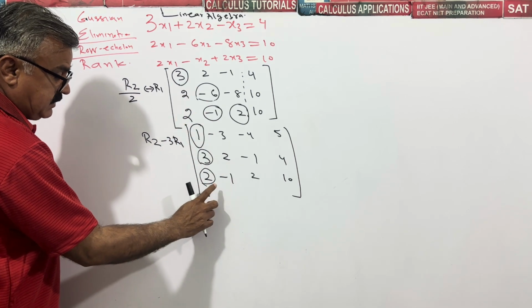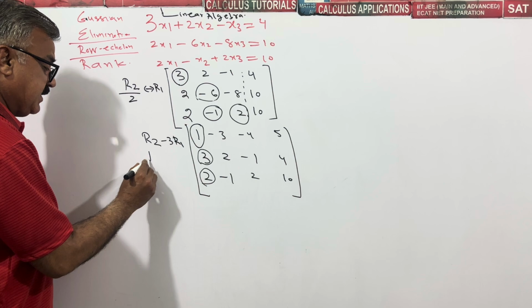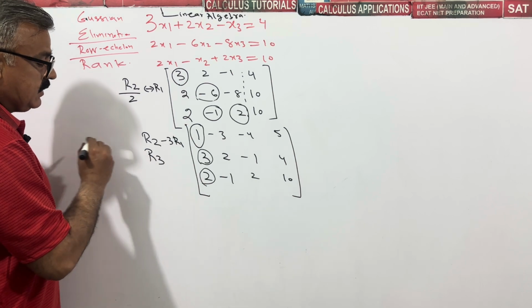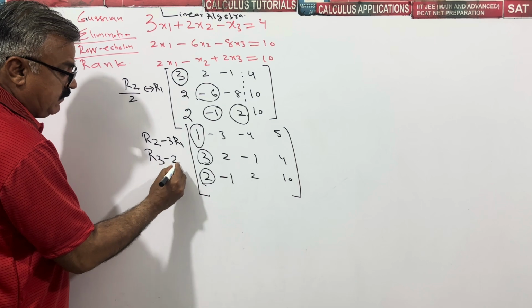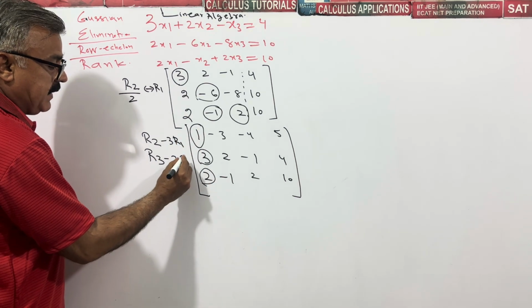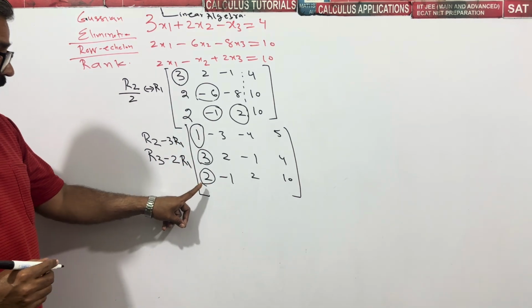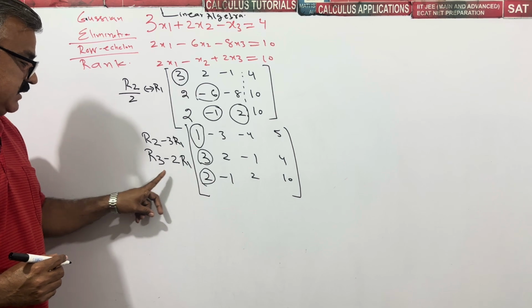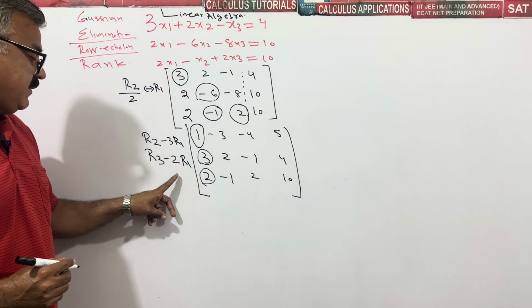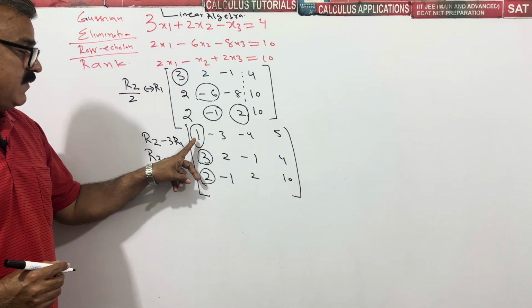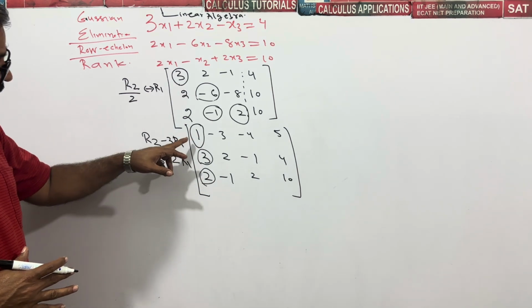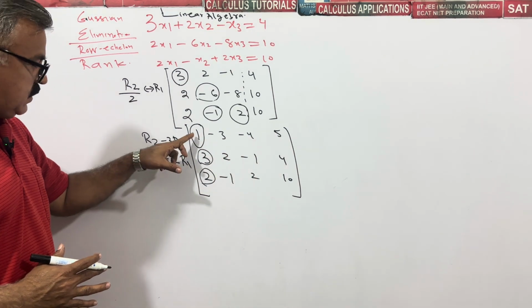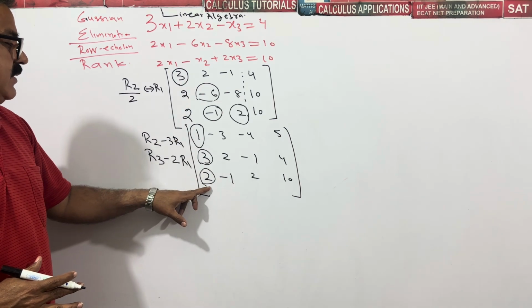We need 0 here as well, position R3. We have to vanish positive 2. We need negative 2 times our pivot element. I have introduced minus 2 with the help of R1. Or it is equivalent to saying: make R1 2 times, subtract from R3.